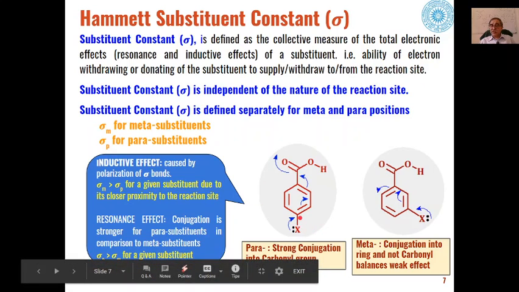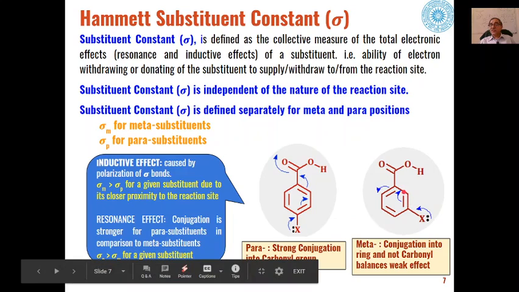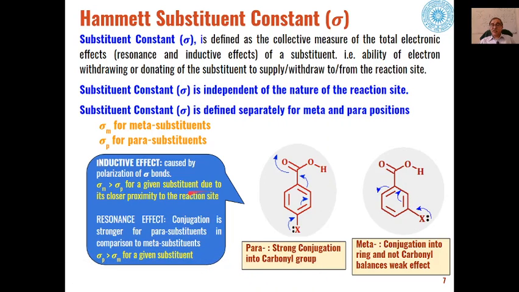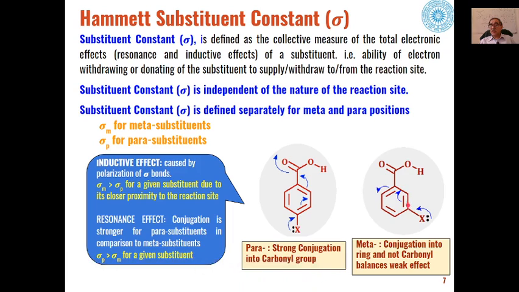Here the substituent X is away from the reaction site by 1, 2, 3 and 4 carbons, whereas in the meta position it is away from the reaction site, the carbonyl, by 1, 2 and 3 positions. So comparing proximity to the reaction site, para is 4 carbons away and meta is 3 carbons away.